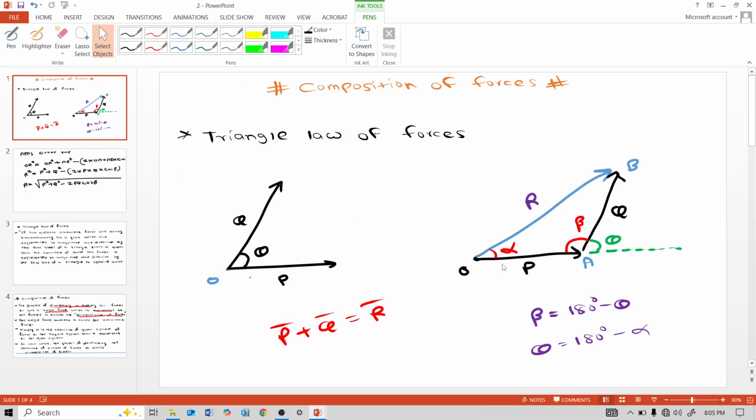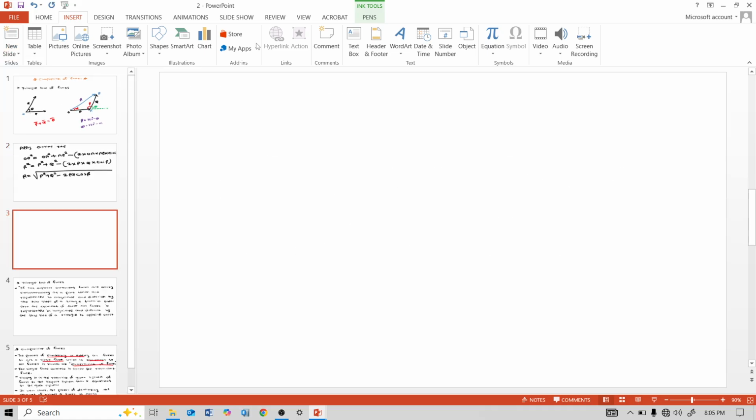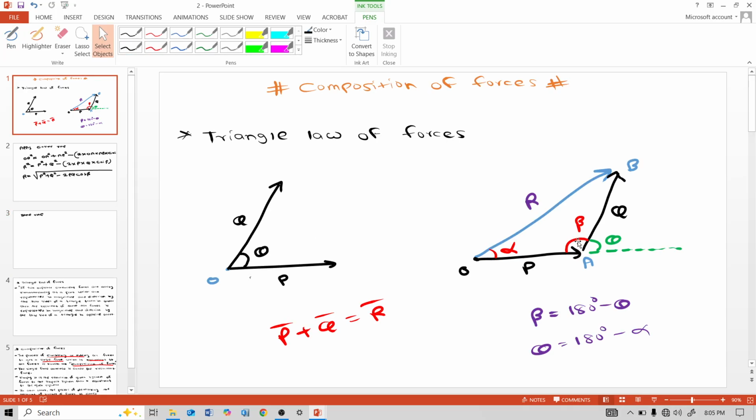Now I am interested in alpha also. So how to calculate alpha? For that, just apply the sine rule. Observe in the triangle we have alpha and beta. Consider side AB of the triangle; the angle opposite to that side is alpha.